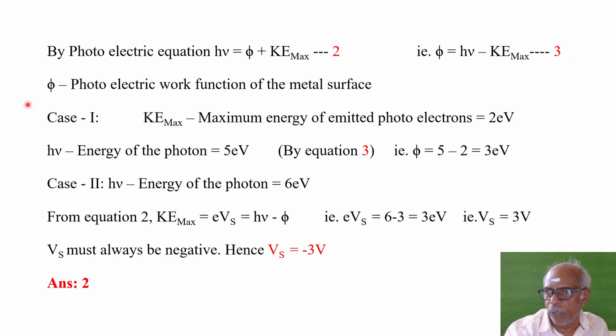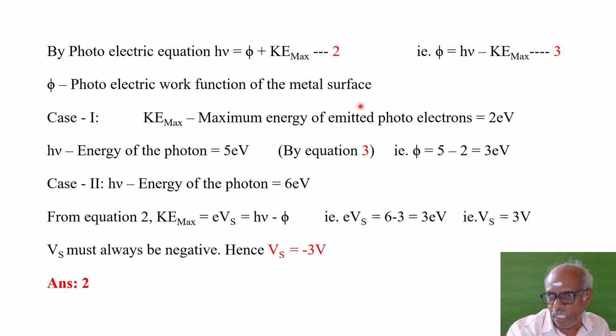The work function of the metal surface. In case 1, the maximum energy of emitted photoelectrons, KE max, is equal to 2 electron volt. The energy of the photon is 5 electron volt. So making use of these two data, you can find the value of phi.